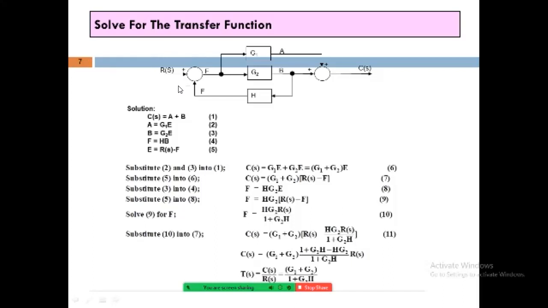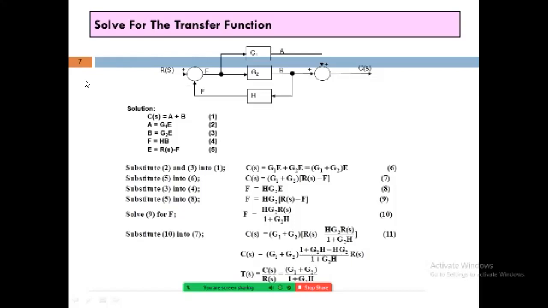Now another substitution is equation number 5 into 6. Why 5 into 6? Because in the equation we obtained last, one term is E, and definitely we have the value of E from this diagram. So what is E?